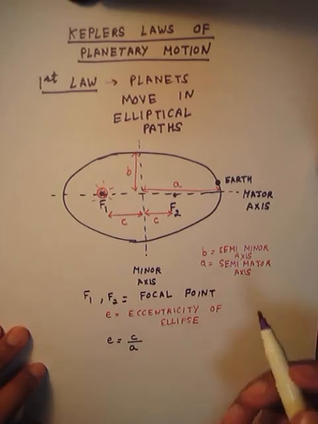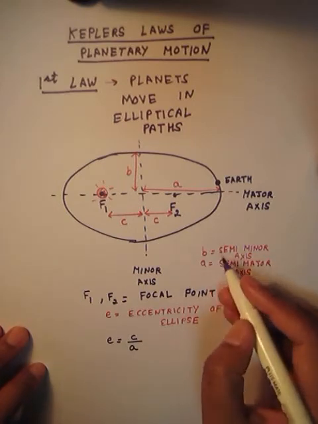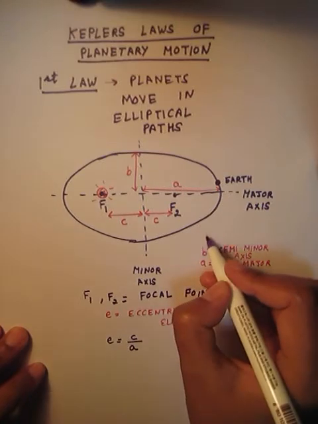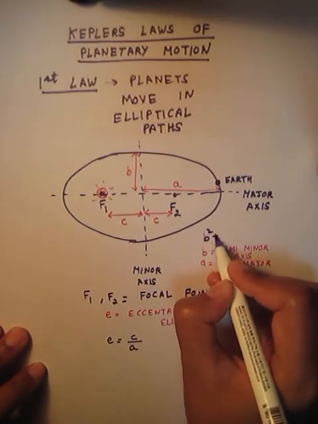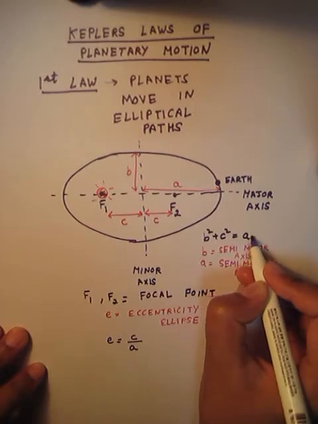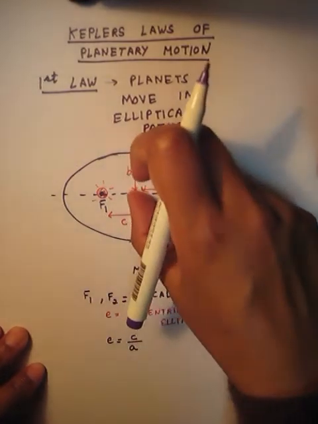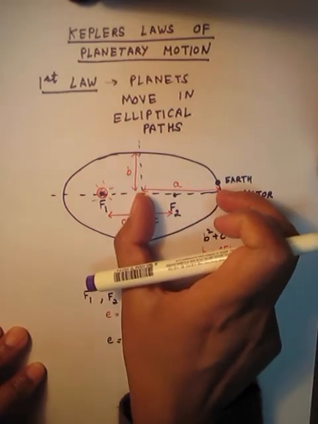And the semi-major axis and semi-minor axis are related by b squared plus c squared equals a squared. So a is the largest distance of all. So b squared plus c squared will be equal to a squared.